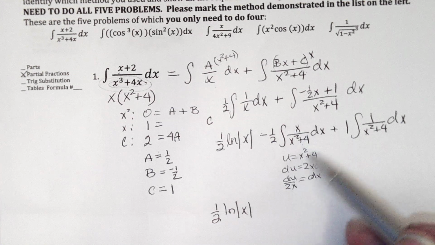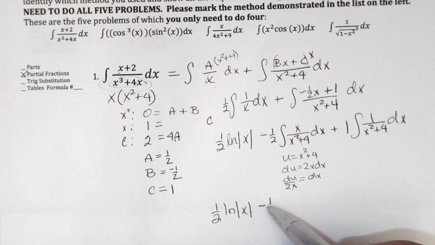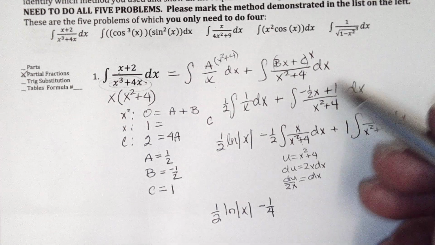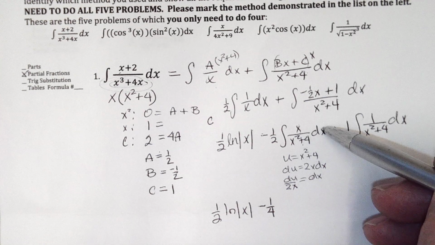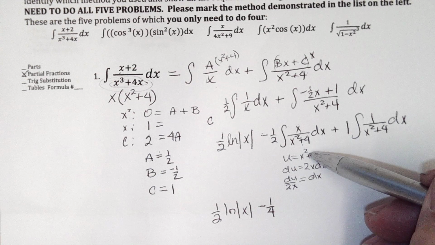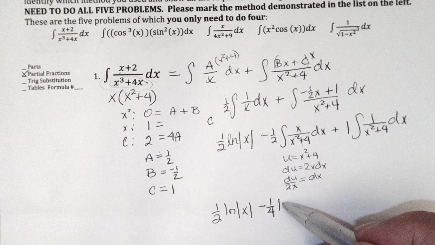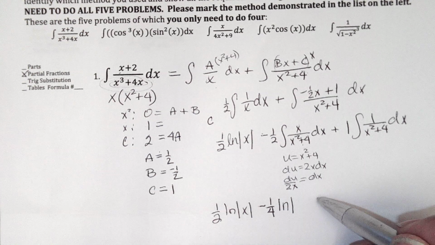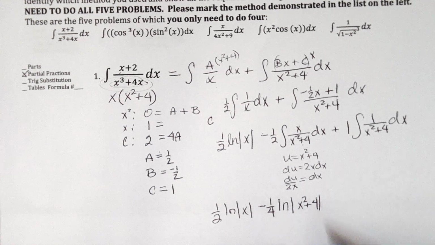The x's would cancel. I get a 2 in the denominator, so I get minus 1/4. I let u be this. So this is du over 2x. The x's cancel, and this is u. So 1 over u's antiderivative is ln of u, but u is x squared plus 4.